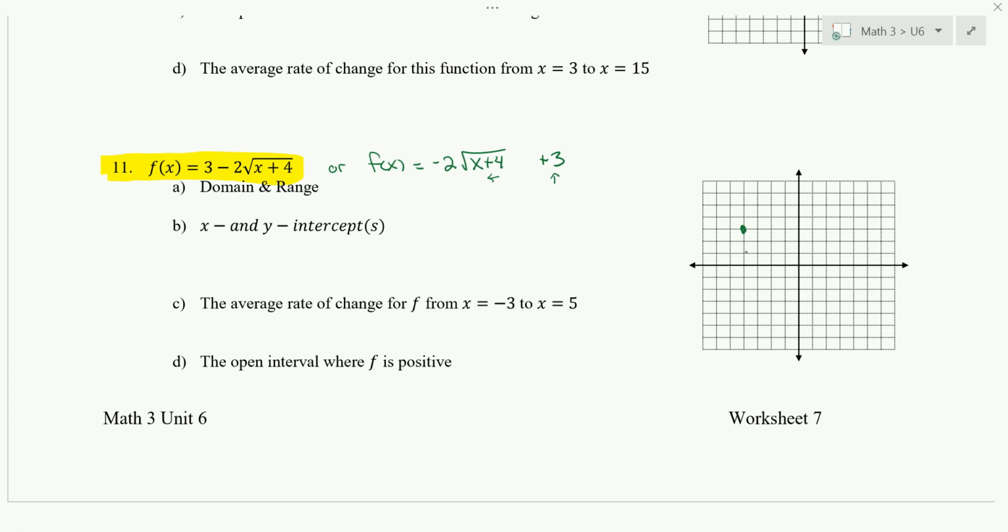Domain and range I'm going to hold off on. Let's do the x and y intercepts first. So if I plug in 0 for y, find the x-intercept. So I'm going to subtract 3. Divide by negative 2.